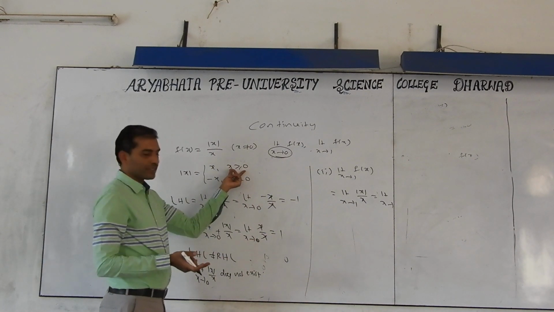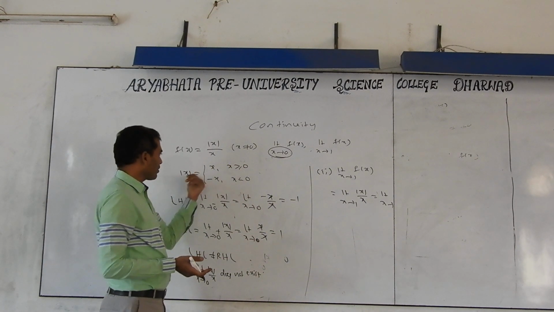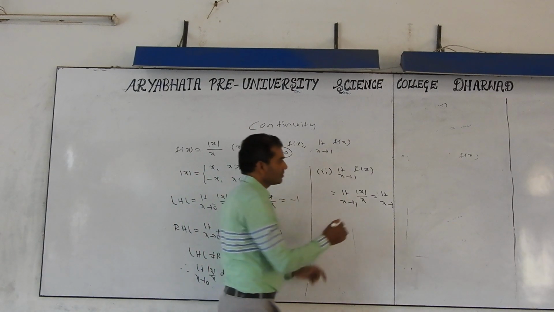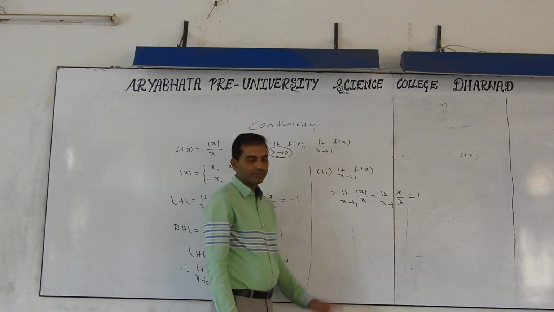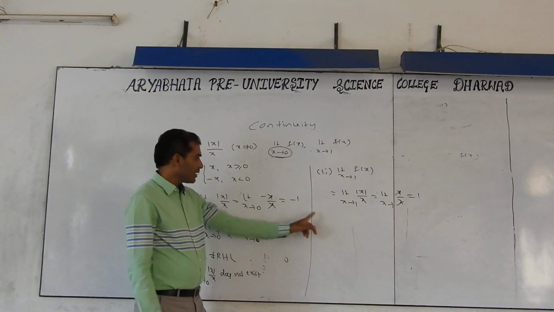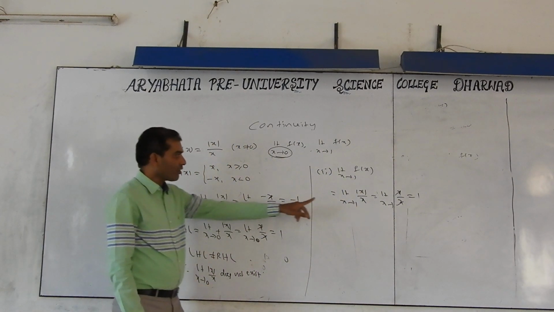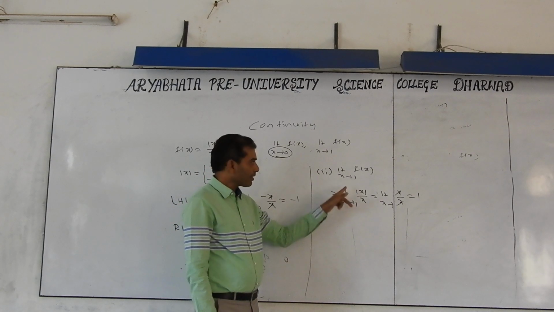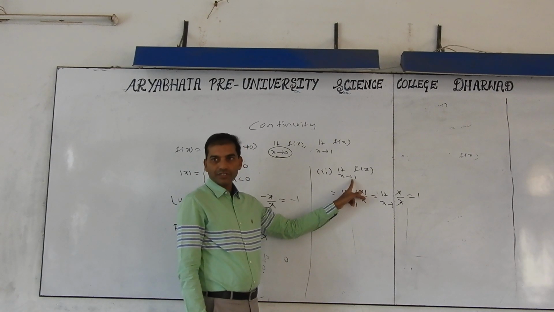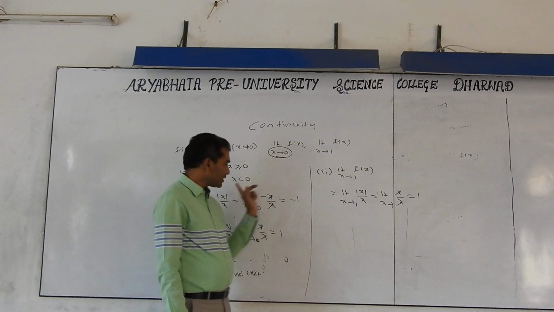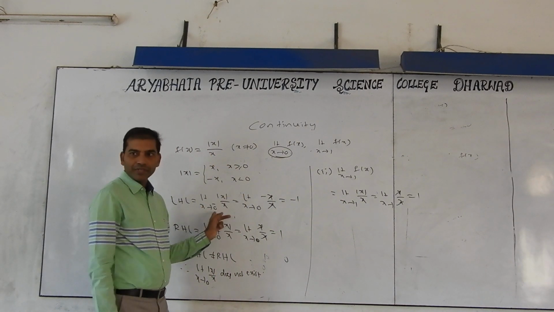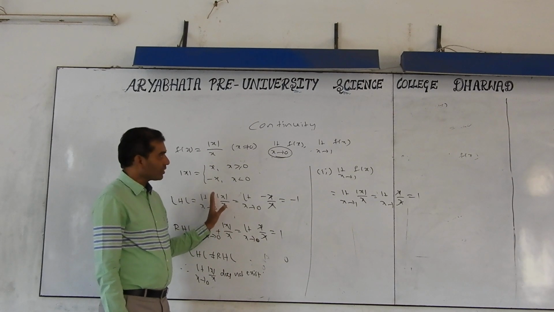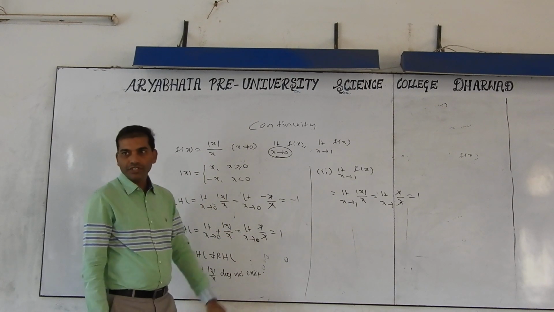Positive comes under above 0, where mod x equals x. x by x gets cancelled, equal to 1. Here we did left limit and right limit, and here we did not, because the function is not changing at 1. When it is changing at a point, we should find the left limit and right limit. So this is the example for a changing function.